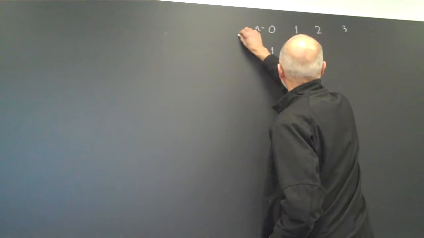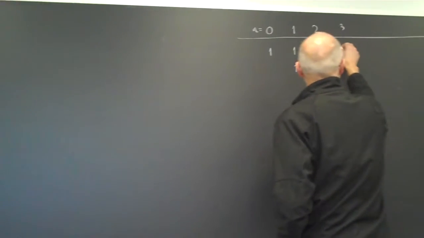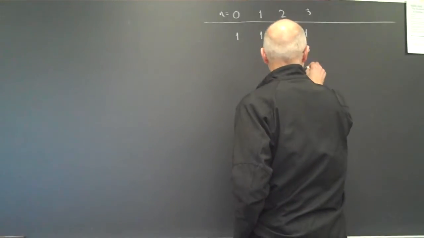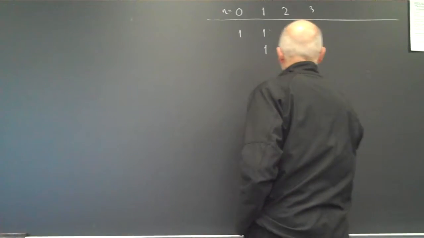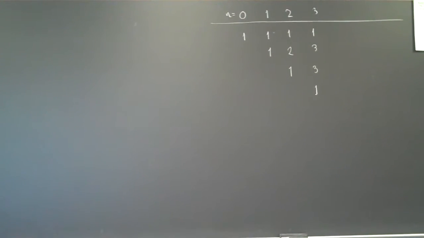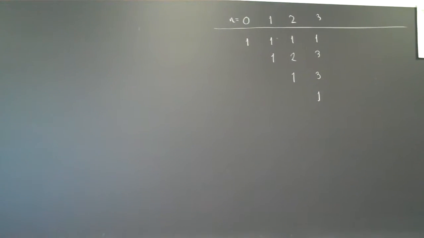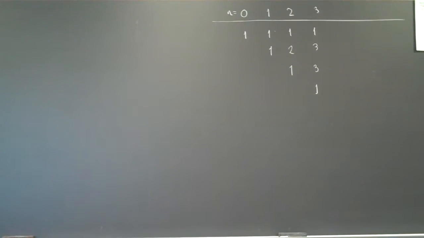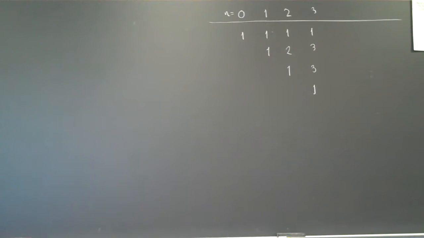For 3, put this up here. For 3, I get 1, 3, 3, 1. And many of you would immediately recognize this as what? As Pascal's triangle, right? But of course you'll notice I write it sideways, right?